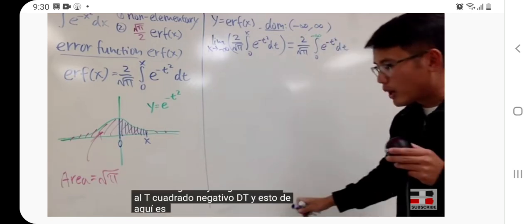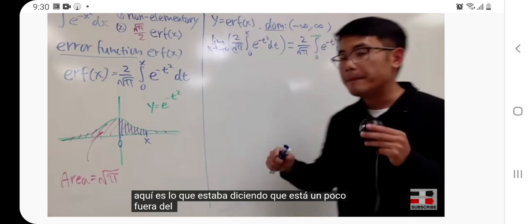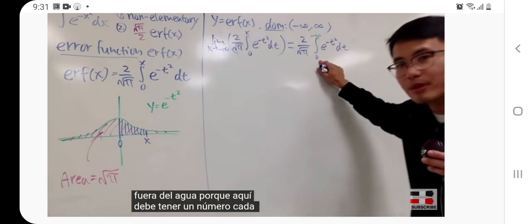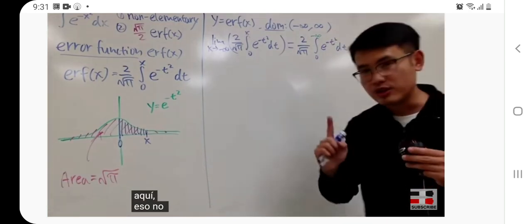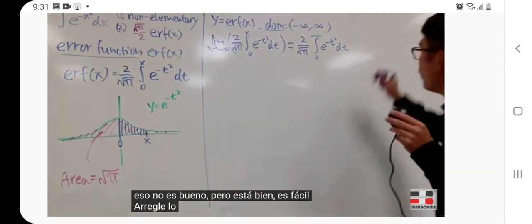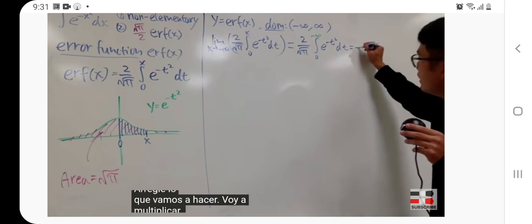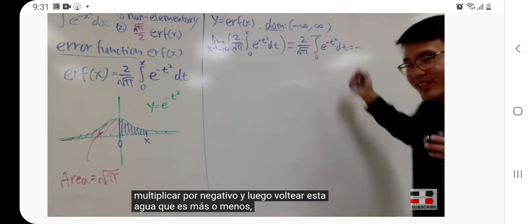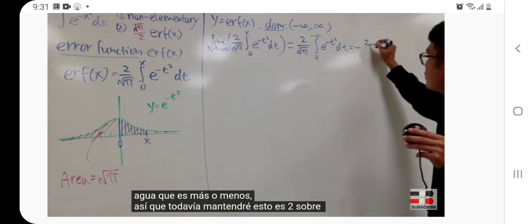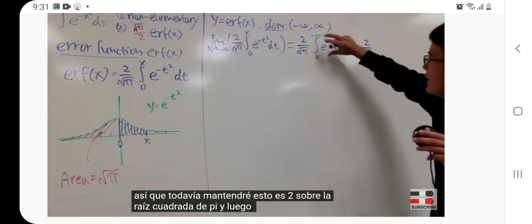And this right here is what I was saying, it's kind of out of order, because right here, you should have a smaller number down below, but you have negative infinity right here. That's no good, but it's okay, it's an easy fix. What we are going to do is, I'm going to multiply by negative, and then flip this order. That's pretty much it. So I will still keep this 2 over square root of pi, and I flip the order.